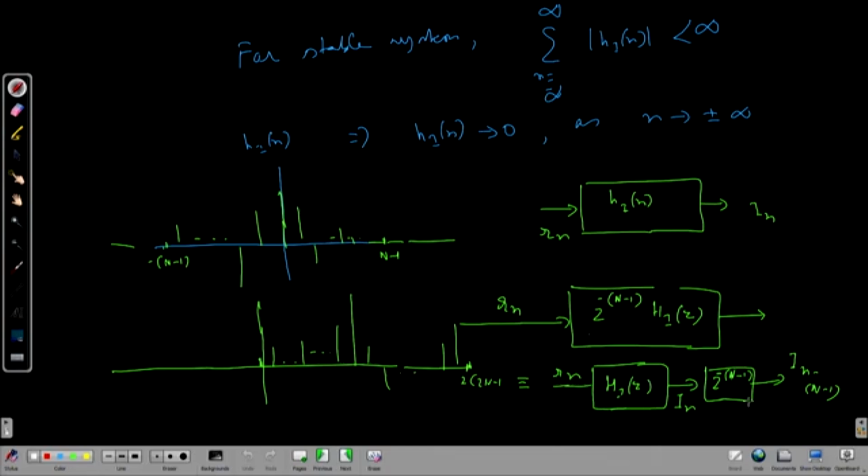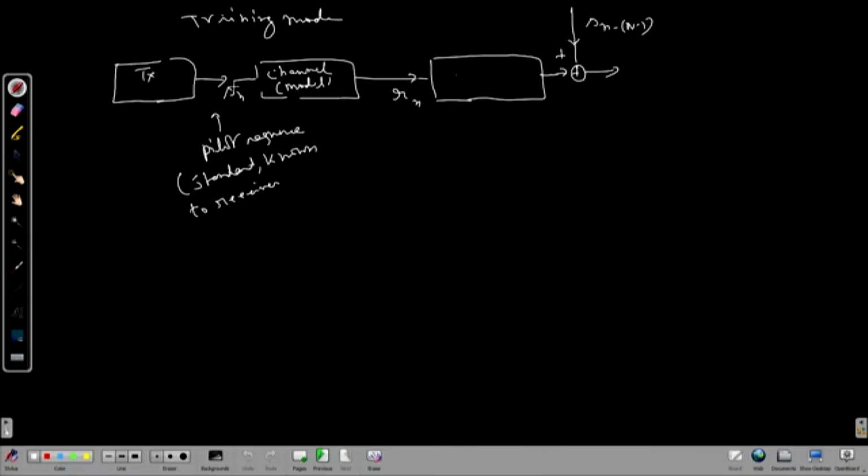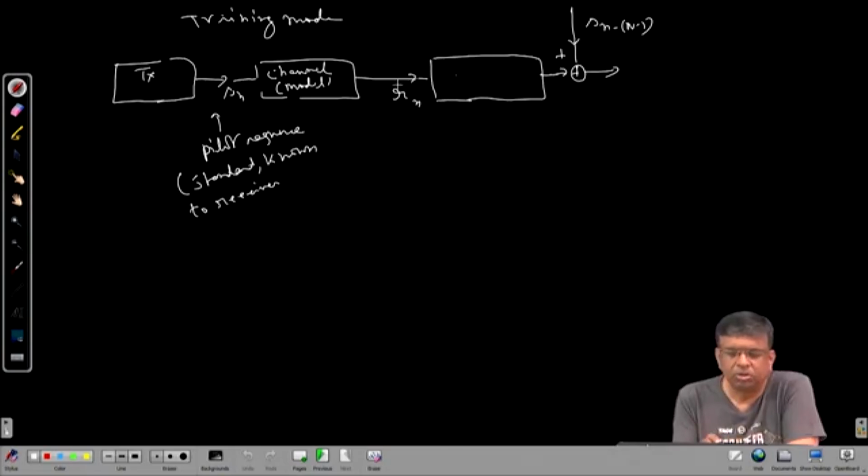I cannot directly compute the optimal filter, because it would require knowledge of the autocorrelation matrix of the input. I do not know that, because the input comes through the channel, and information about the channel is not known to us. So, you have to make it adaptive.